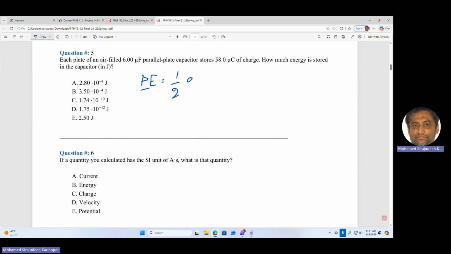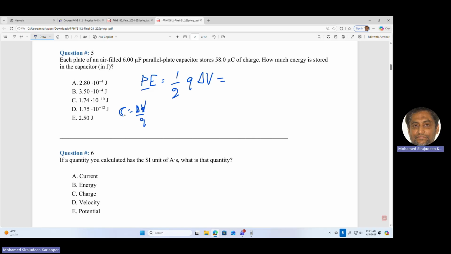You start with half Q delta V. This can also be written, if you use the definition of capacitance, delta Q over delta V.